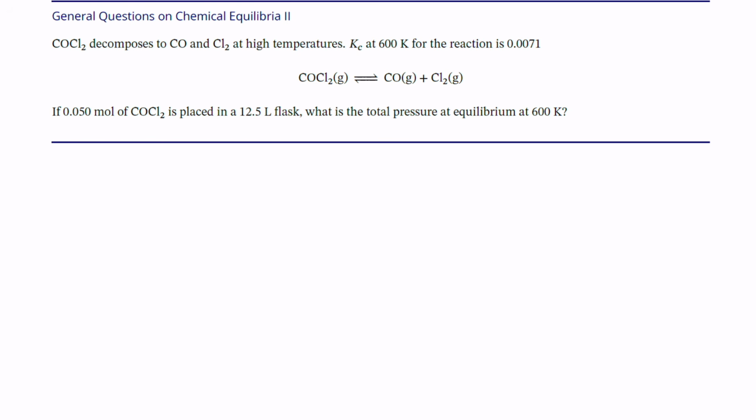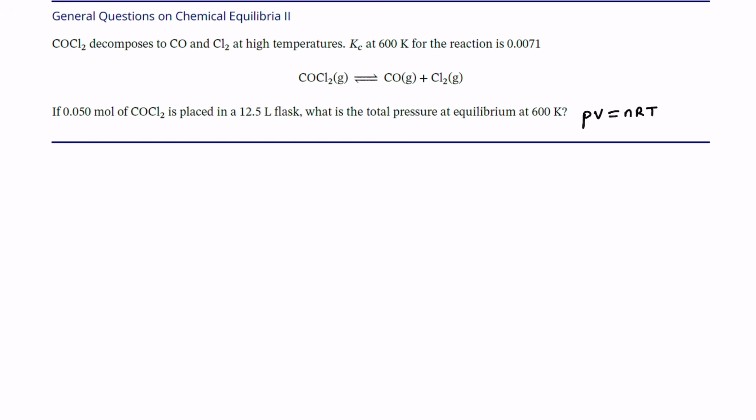Right, so to get to the total pressure, there's a couple of ways that you can do that, but the first thing that we can think of is, well, pressure: let's start there, PV is equal to nRT, right?